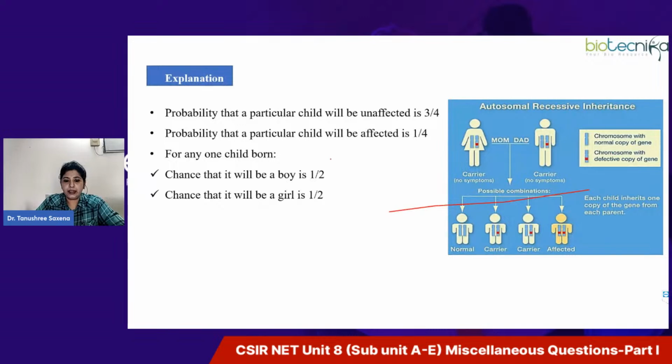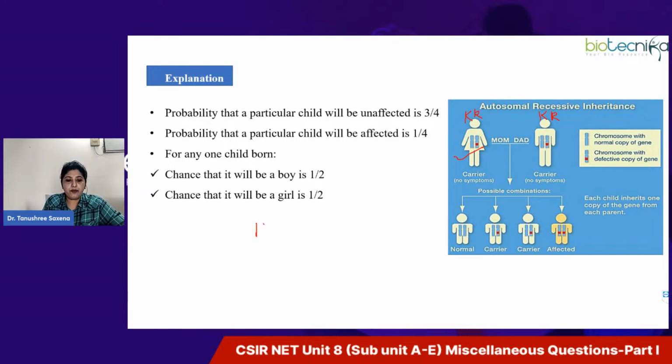So these are the parents, right? The parents are heterozygous, which means they will not show the disease symptoms. They will be carriers of the diseased allele, but will not themselves show the symptoms. These parents plan to have 5 children.